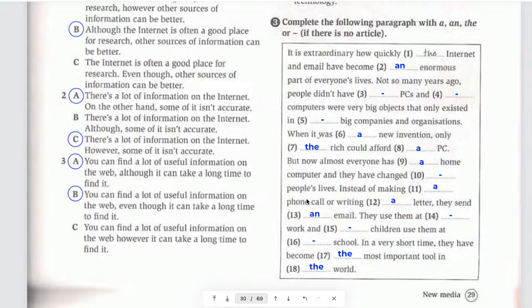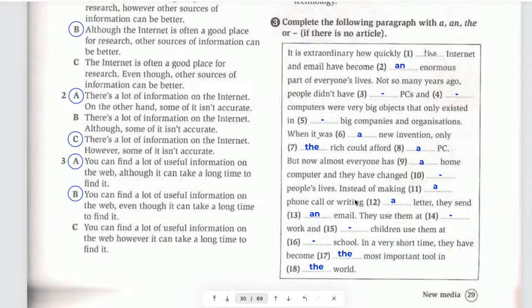They have changed people's lives. Okay, and we don't use any articles here. Why? Yeah, talking in general again. Okay. 11. Yeah, a phone call instead of making a phone call. So the explanation is the same, right? Phone call, we mentioned it for the first time.